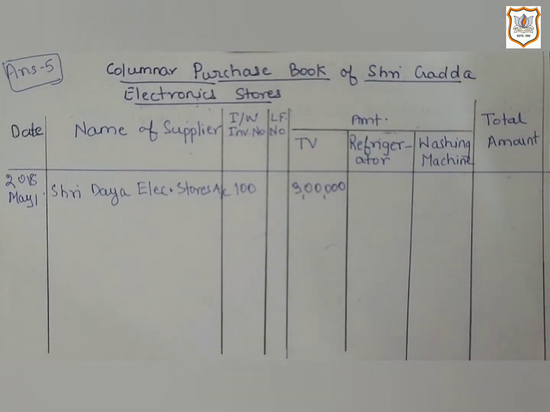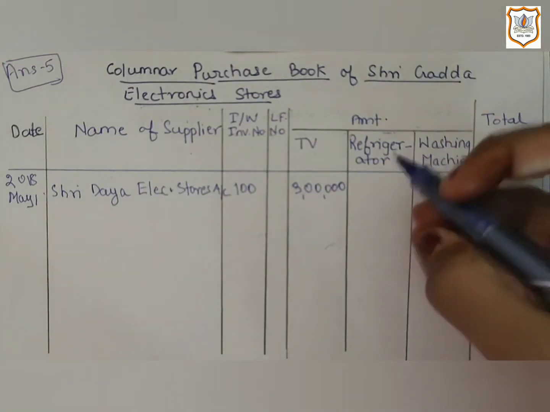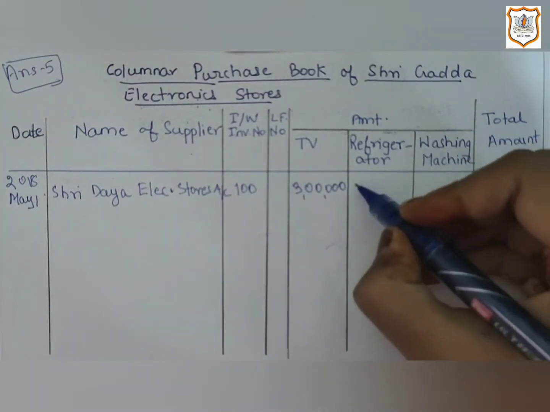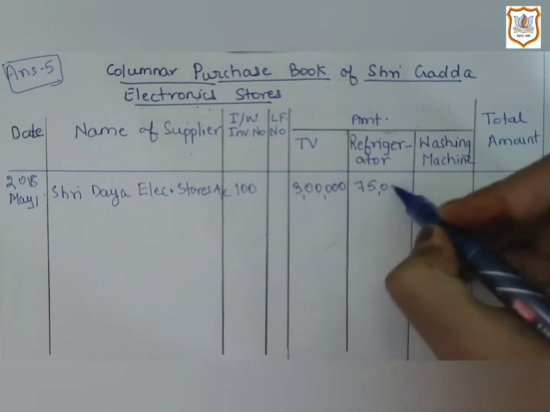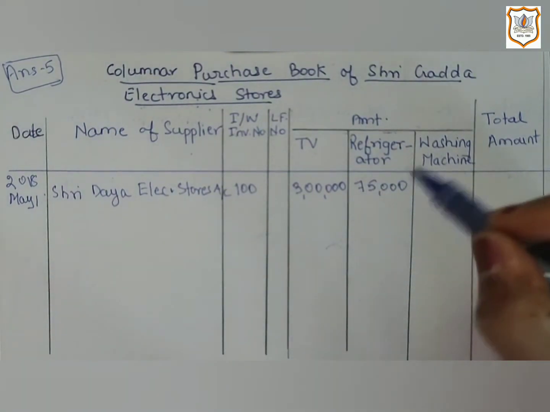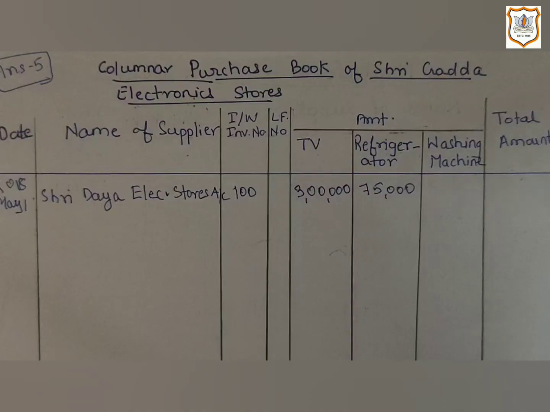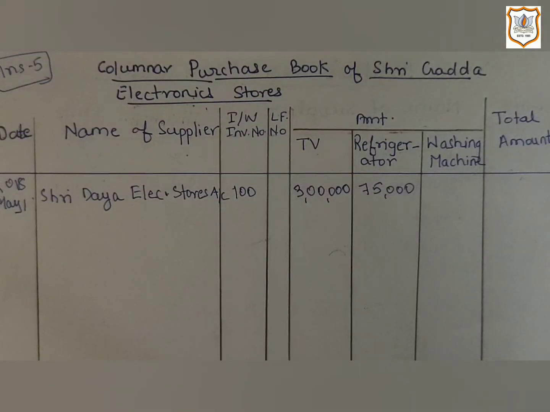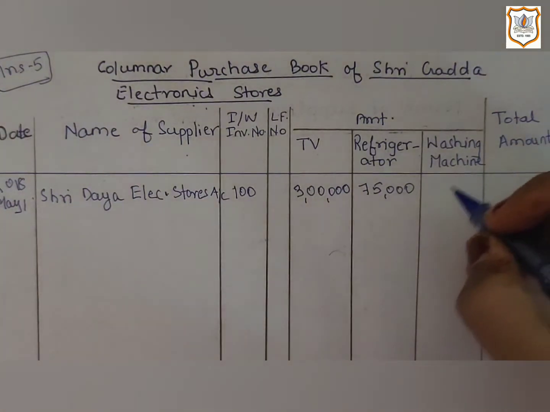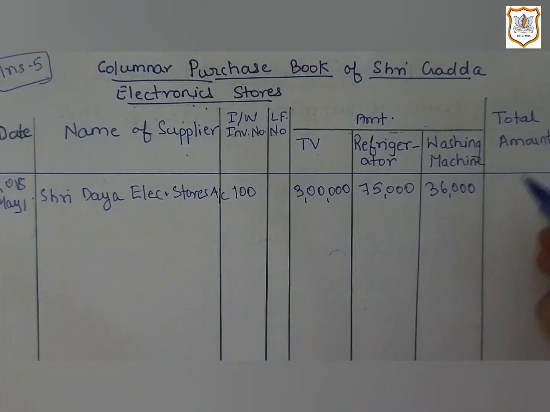Similarly, 5 refrigerators have been purchased and the price of one refrigerator is 15,000. So 15,000 multiplied by 5, that is 75,000, is the price of 5 refrigerators. Similarly, for washing machines, 2 washing machines have been purchased and the price of one machine is 18,000. So 18,000 multiplied by 2, that is 36,000, is the price of 2 washing machines.